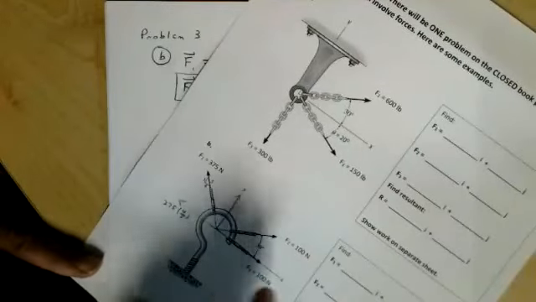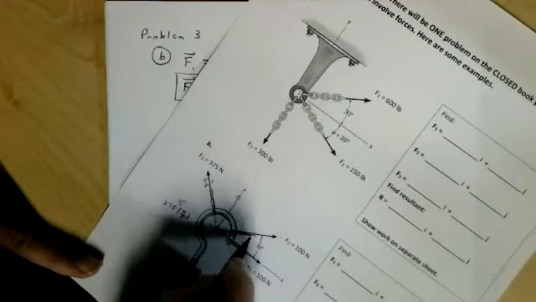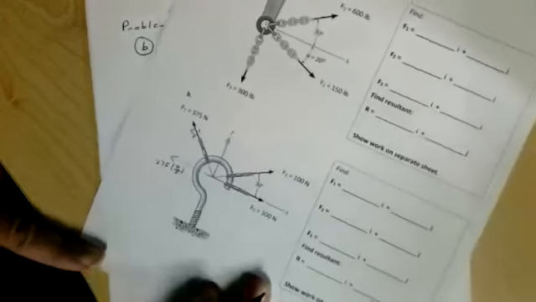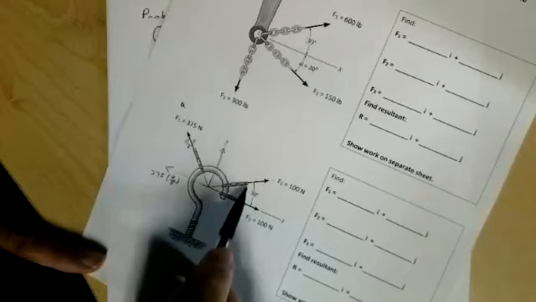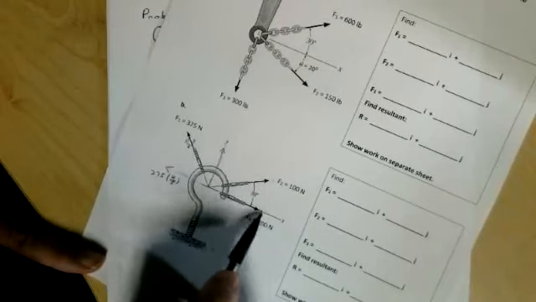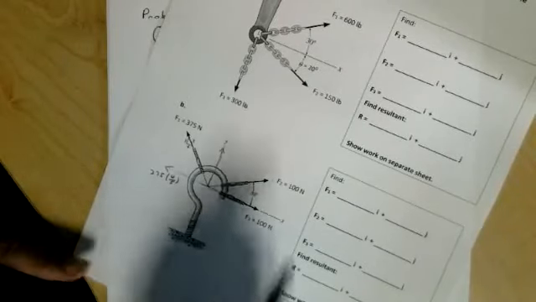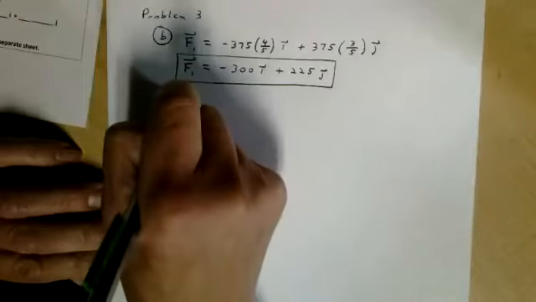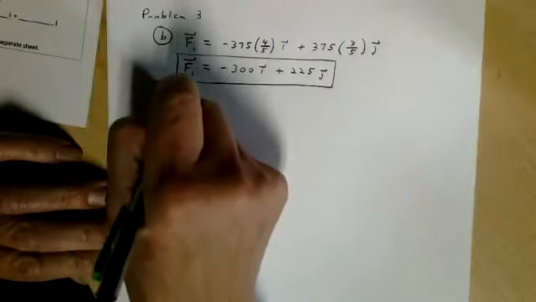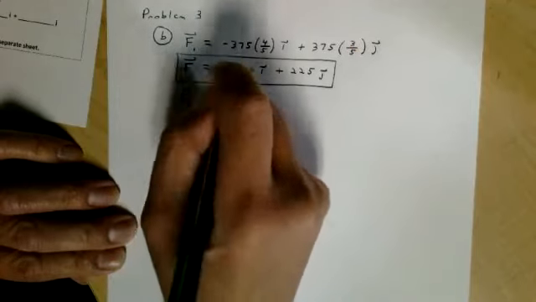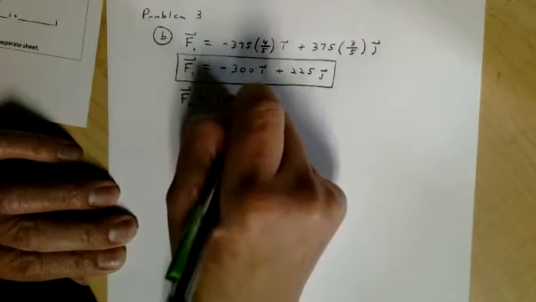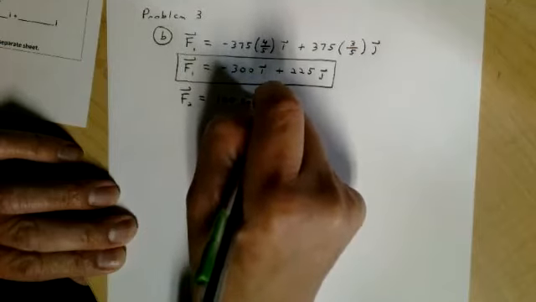Again, let's look at F2. Here's F2 again. Notice the 30 degrees is here, and the adjacent side to that one is going to be the X direction. So F2 is equal to the magnitude, which is 100 cosine 30 degrees.